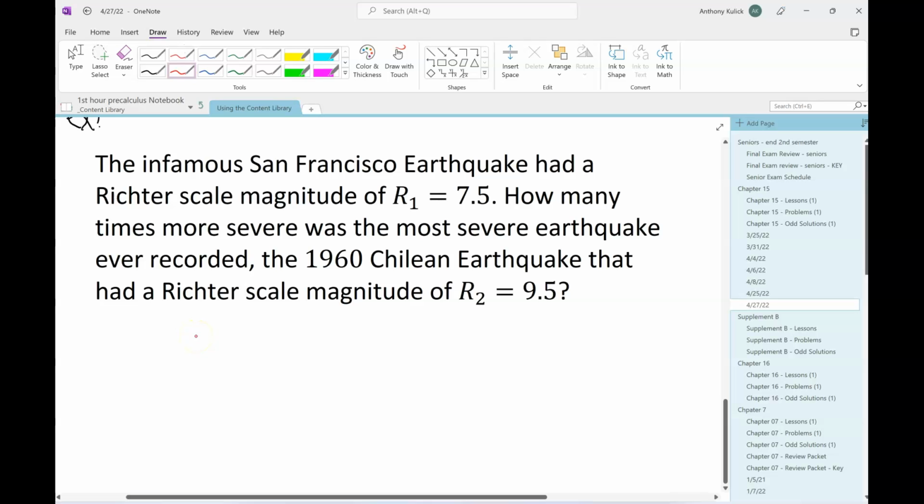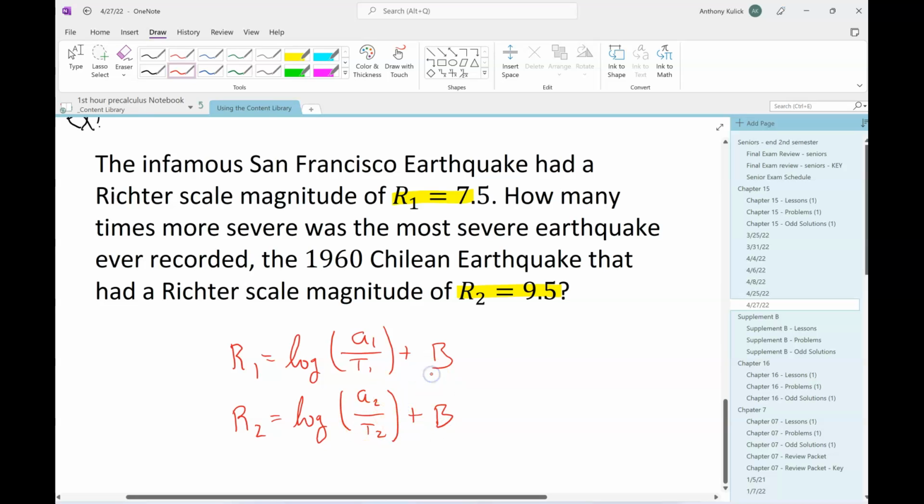So to do this, I see that I have two different earthquakes, right? So I'm going to have two different equations that I'm going to build, one for each of them.